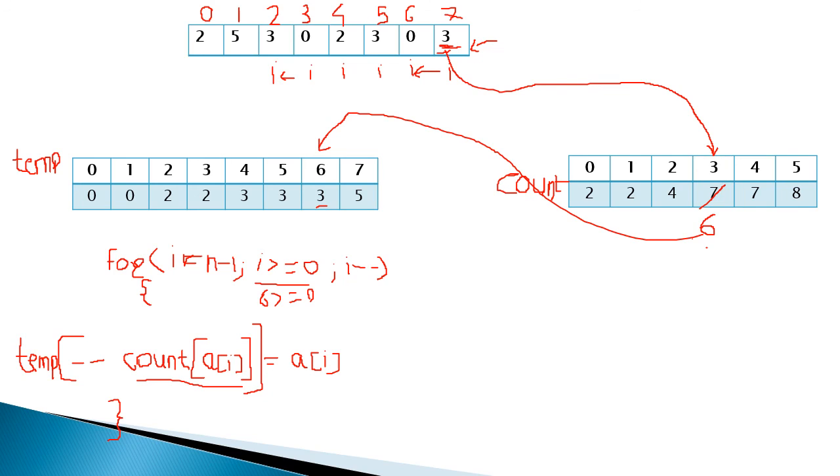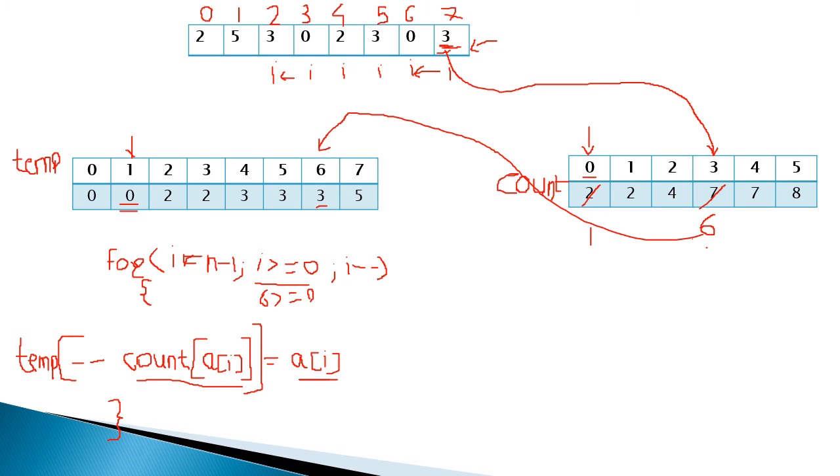In count of 0, then pre-decrement is there, that is 1. Then store this value, that is 0, A of I, into temp, that is store this 0 on temp of 1, means here we will store the 0 value.